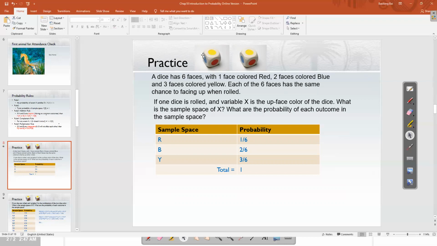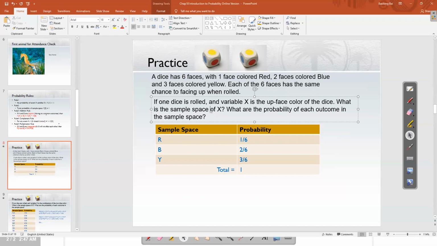It's colors, right? So there are 3 different colors on the die. For the 6 faces, 1 face is red, 2 faces are blue, and 3 faces are yellow, right? Each of the 6 faces has the same chance to face up when you roll it. It's a fair die, right? Every face has the same chance to show.